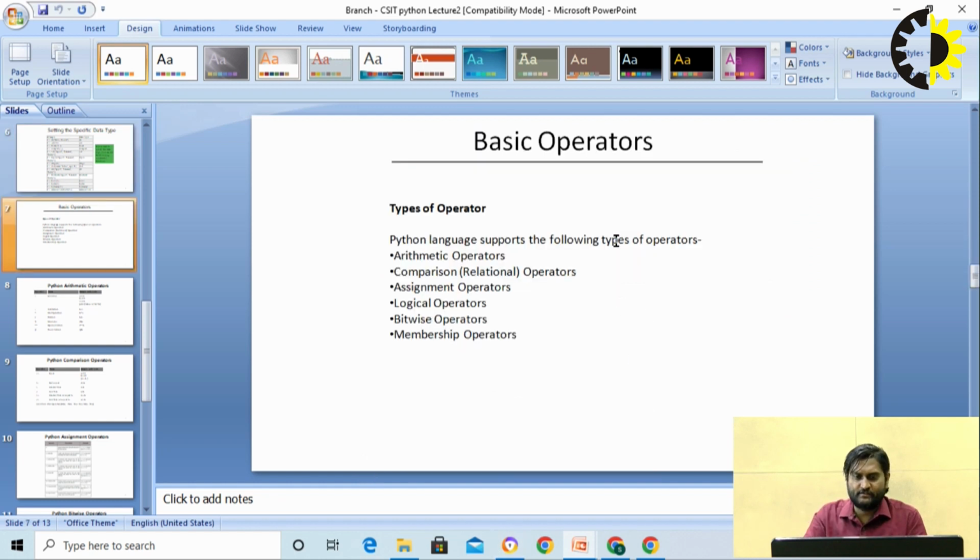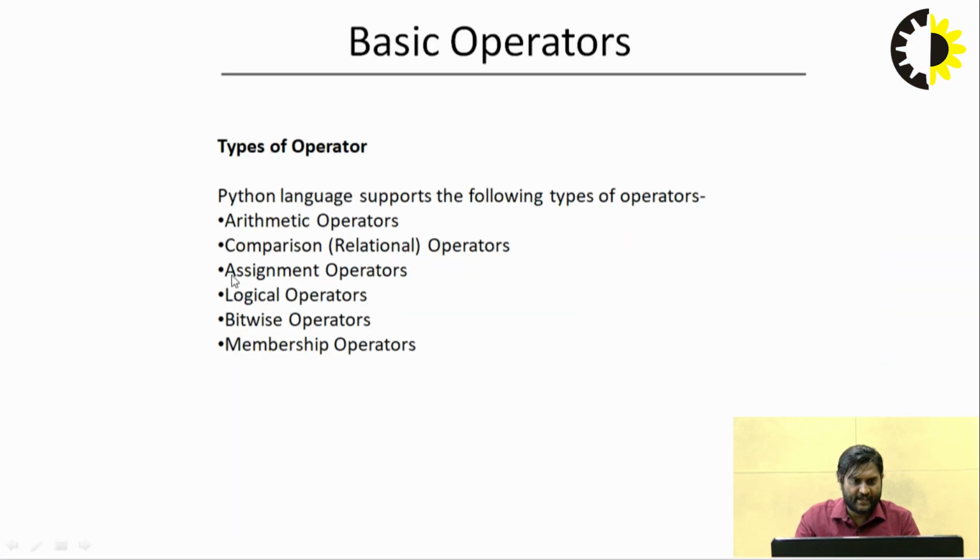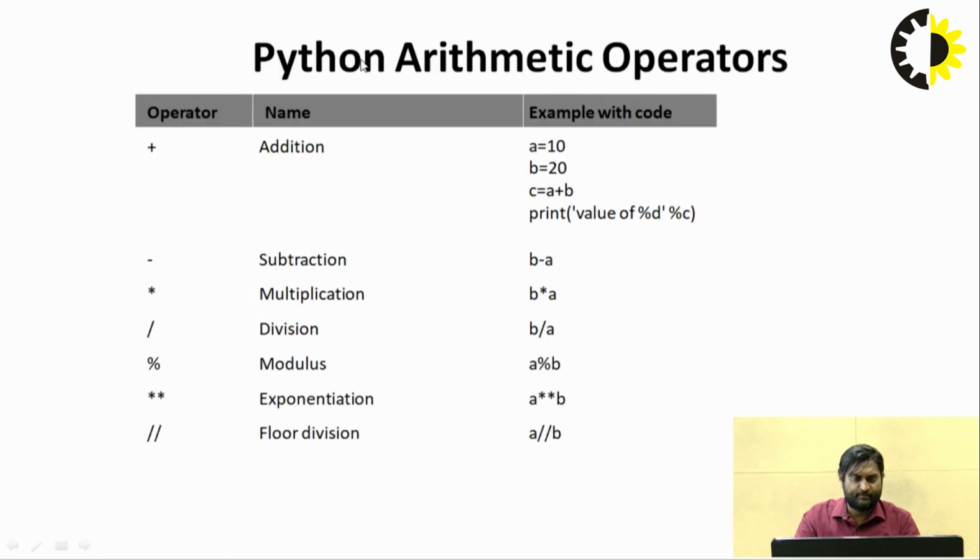Next, we identify some basic operations performed in Python programming. There are arithmetic operations, comparisons, assignment operators, logical operators, bitwise and membership operators. Now we discuss some arithmetic operations in Python. Addition: we assign the value of A variable as 10, B as 20 and perform the add operation A plus B, assigned to the C variable.